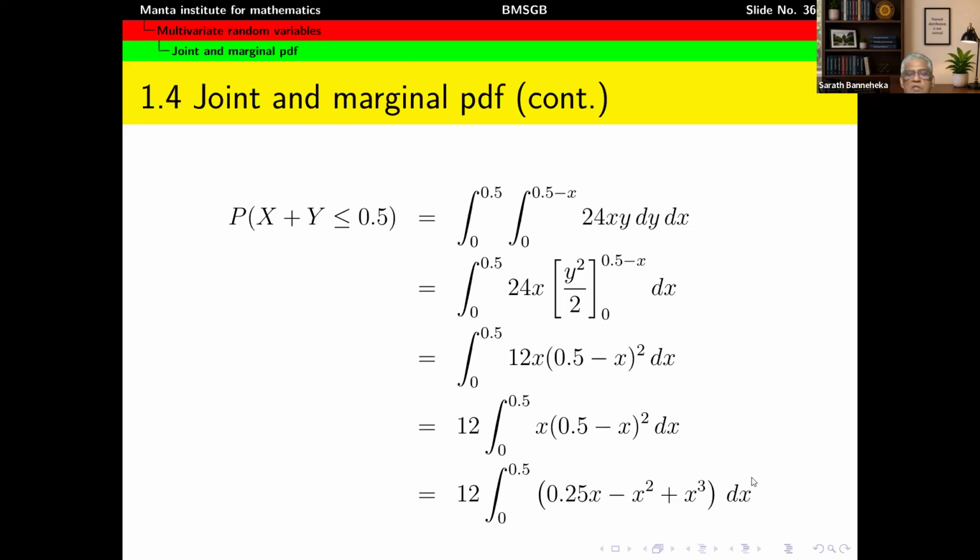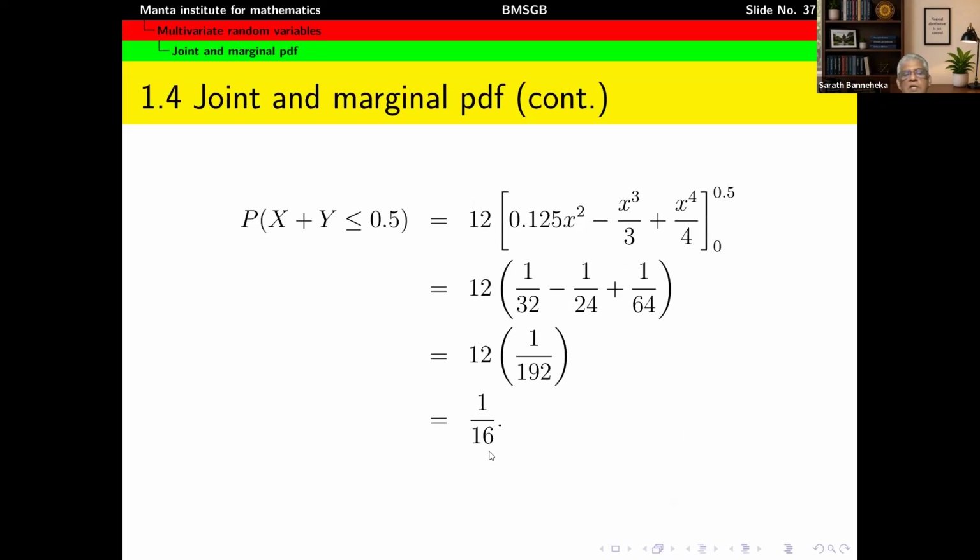Then you get this answer here. And finally, the answer is 1 over 16. Right? 1 over 16. That is the probability that x plus y will be less than or equal to 0.5.